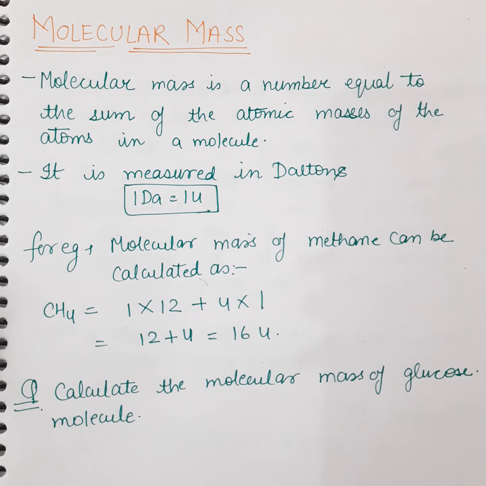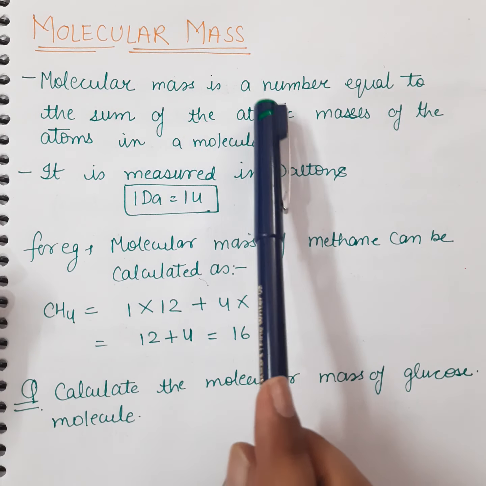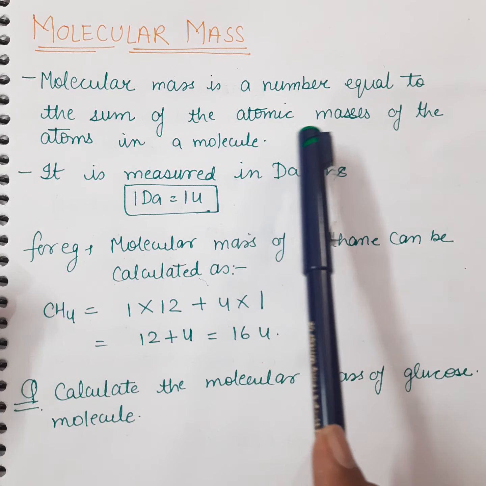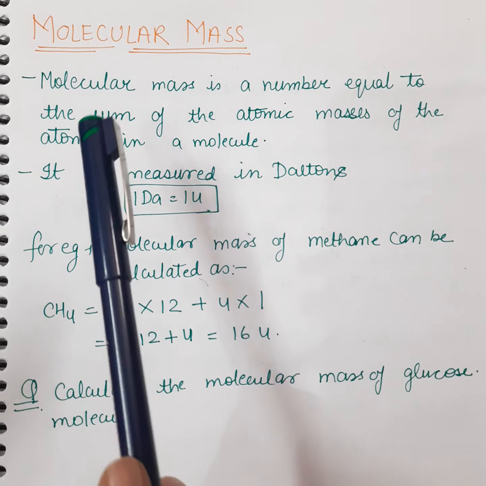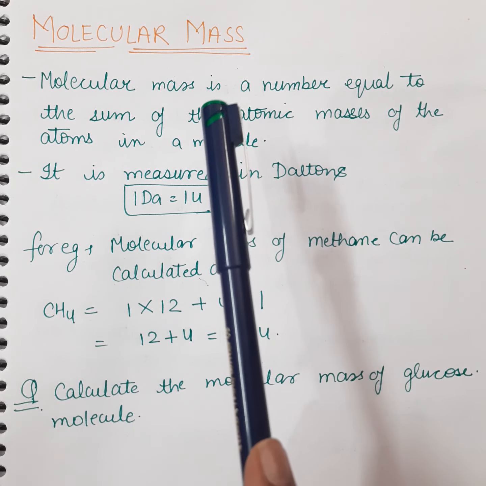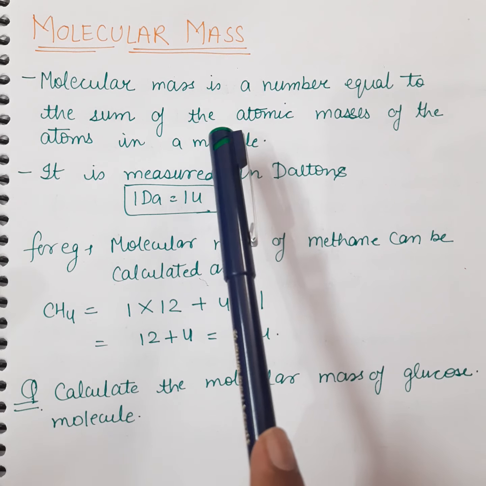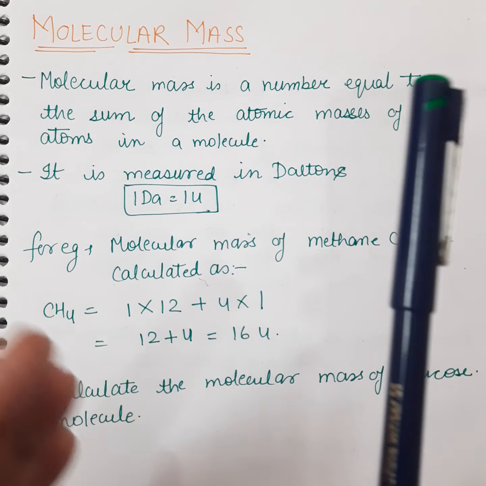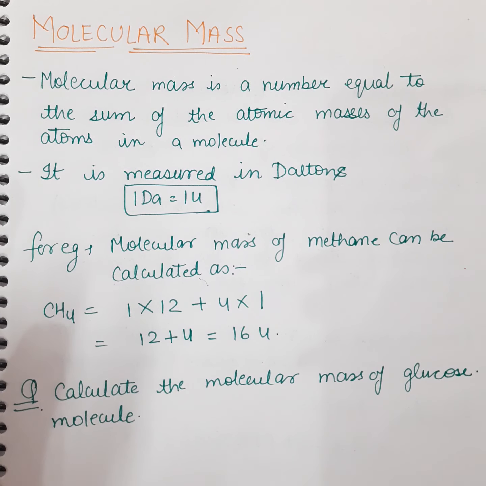Now, molecular mass. Molecular mass is a number equal to the sum of the atomic masses of the atoms in a molecule. For calculation of a molecular mass, you have to sum the atomic masses of the atoms in a molecule.